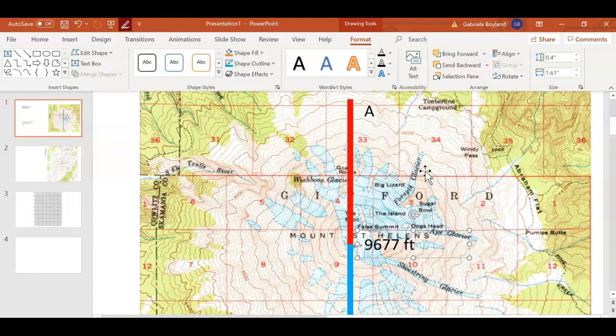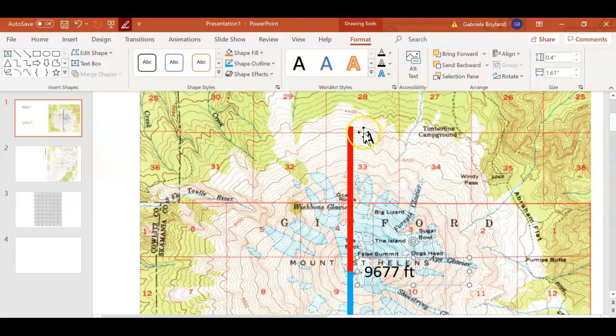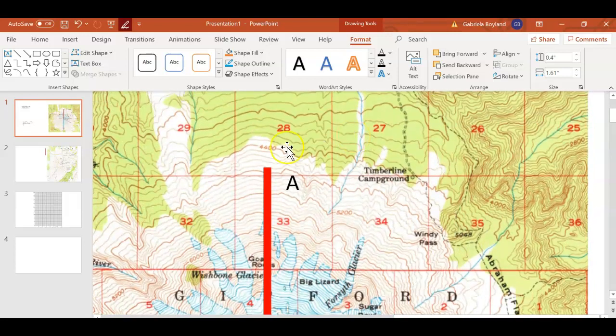Then we need the elevation at A. So let's see. As we zoom in on A, this hits this index contour, and then it goes down one more contour interval. So this is 5200 right above it, which means the next index contour is 4800, right? 400 feet below.